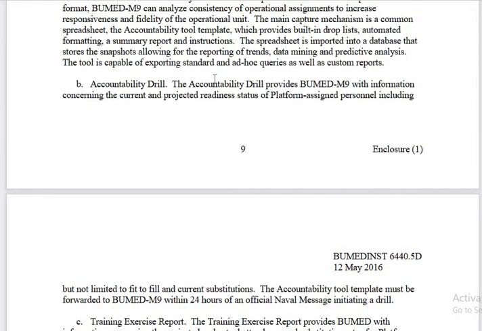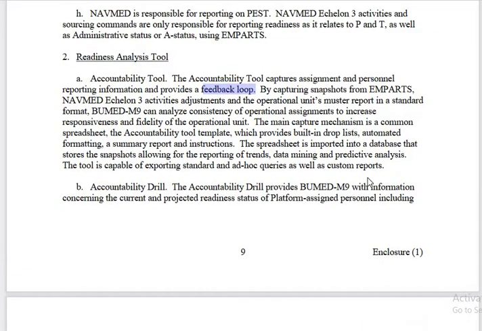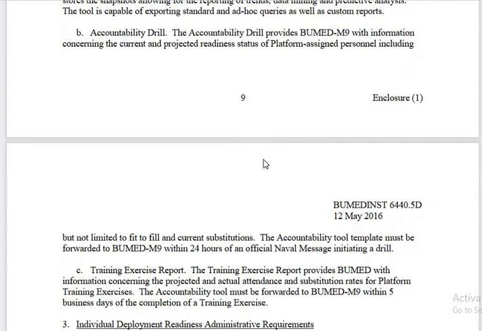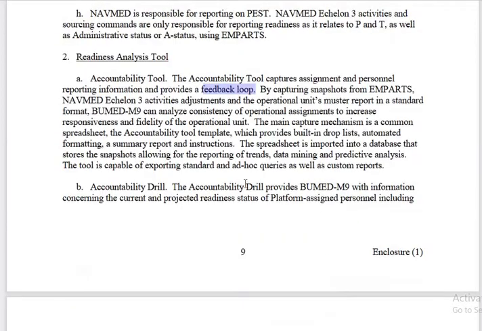Then the accountability drill provides M9, which, if you remember from the later video, I wrote it down here. M9 is the Assistant Deputy Chief of Capabilities and Requirements. So the accountability drill just provides M9 information. It's not a loop. By loop, the accountability tool means it goes both ways.